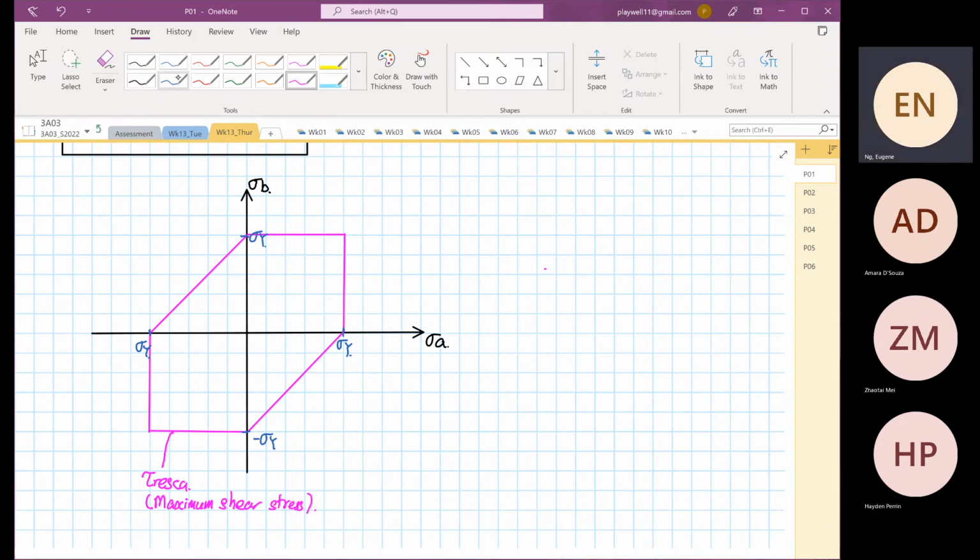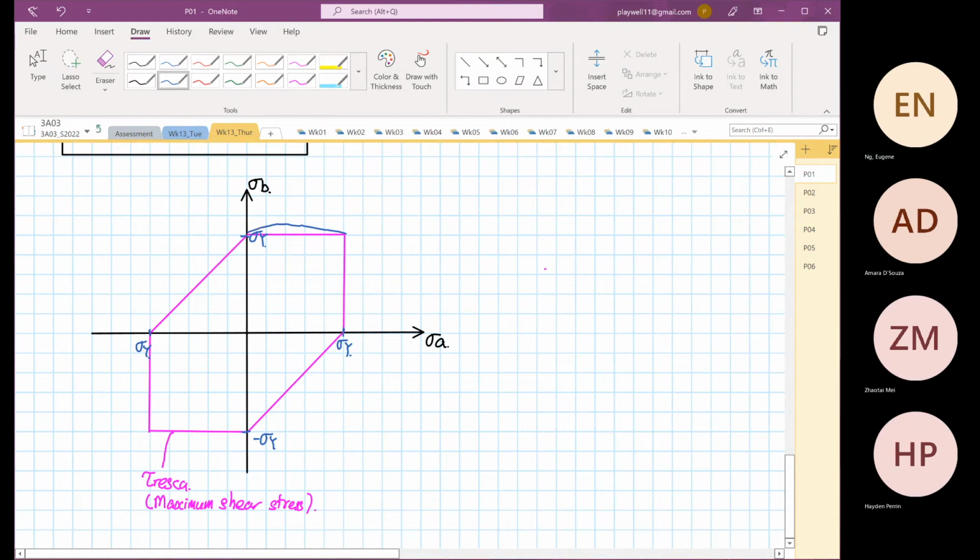Okay. Next, I'm going to draw von Mises. Okay, so this is von Mises. And you realize that the von Mises criteria looks like an ellipse.